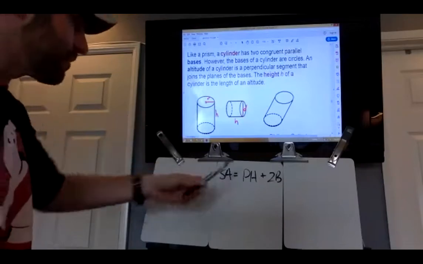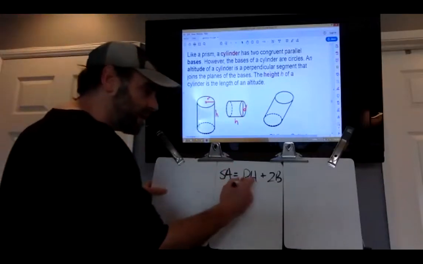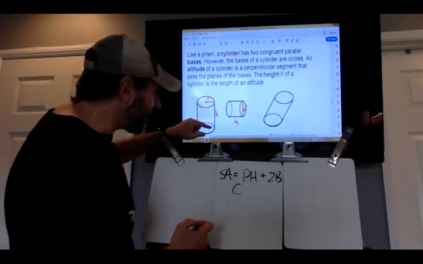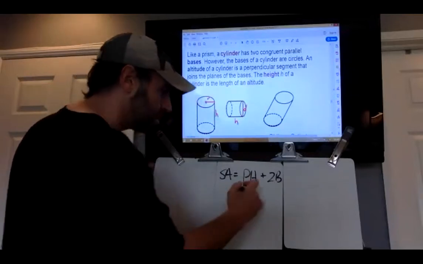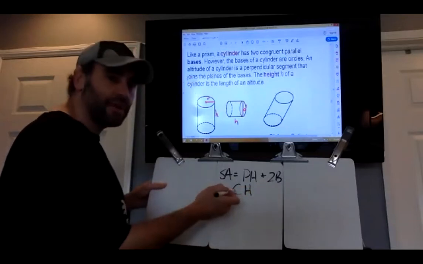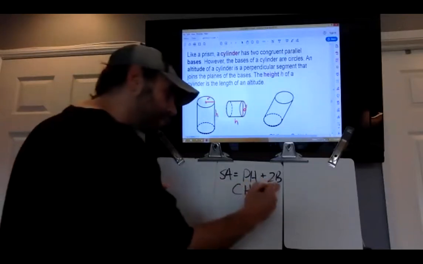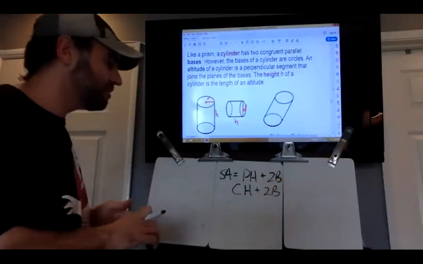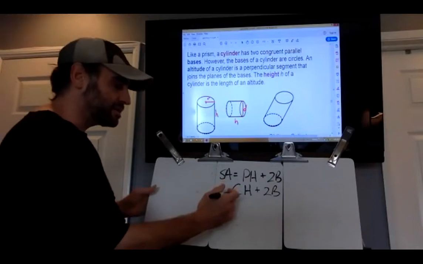Circumference. So watch what I do carefully. I'll take out perimeter, I'll put in circumference. This should be big H because it connects the two bases. That's the same. That should be the lateral area plus the area of the two bases. Now with a cylinder, what is circumference?